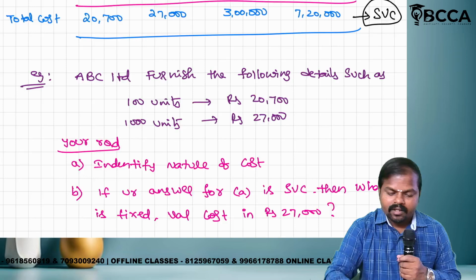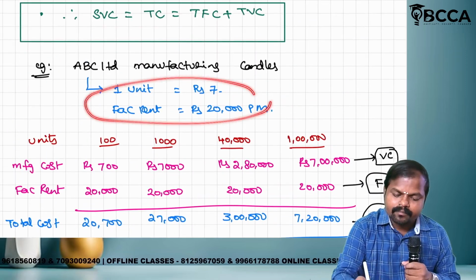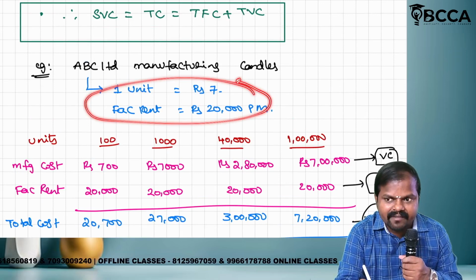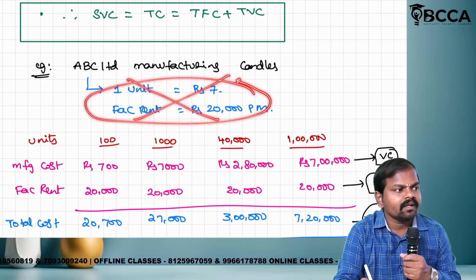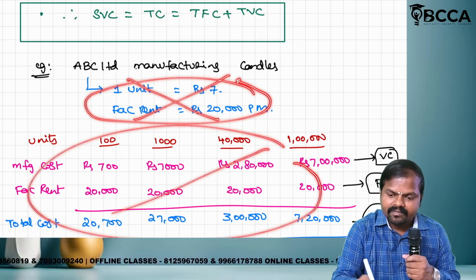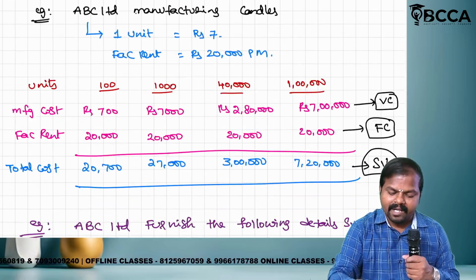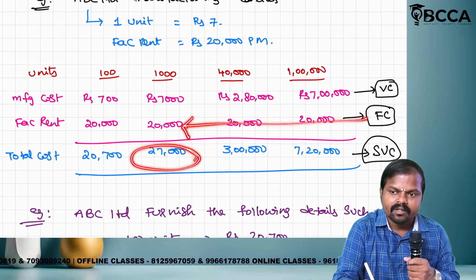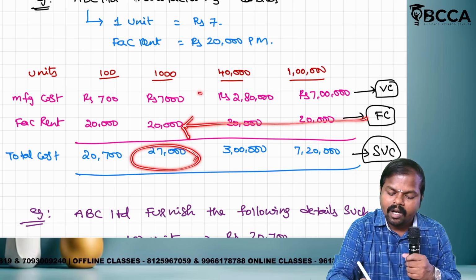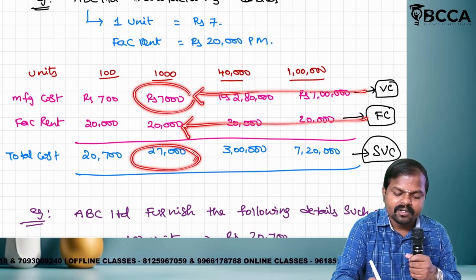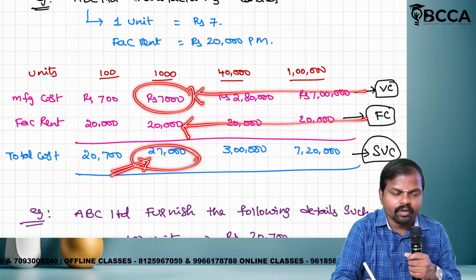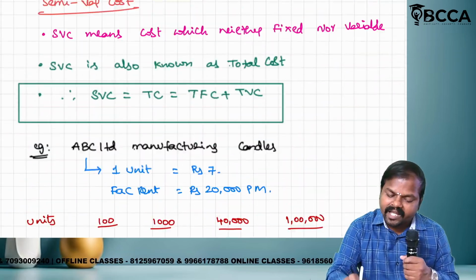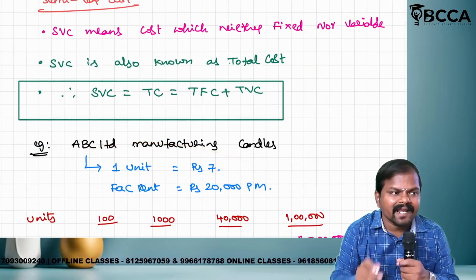Clear? Under example number 2, is this data given or not? This table is not given. If you remember, out of 27,000, the fixed cost is 20,000 and the variable cost is 7,000. But here they have directly given only 27,000. If they gave this data, we could easily identify.